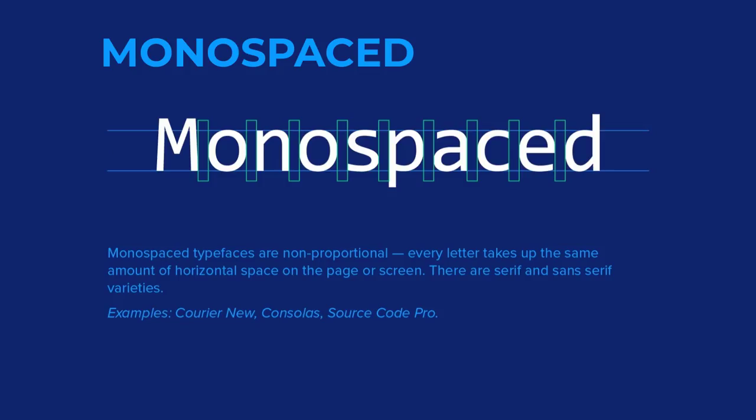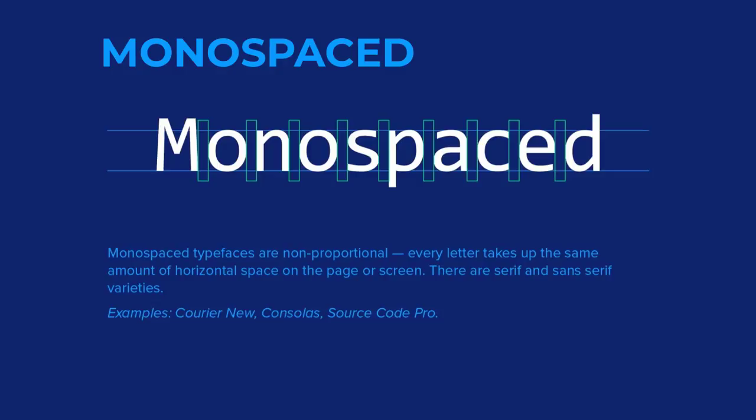Then monospace, also called fixed pitch, fixed width, or non-proportional font, is a font whose letters and characters each occupy the same amount of horizontal space.